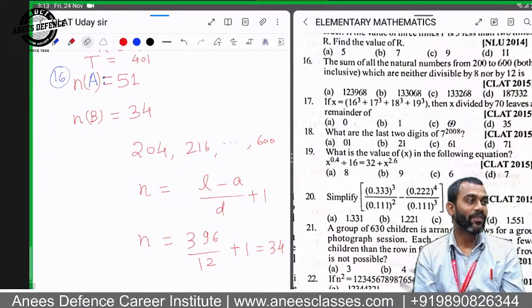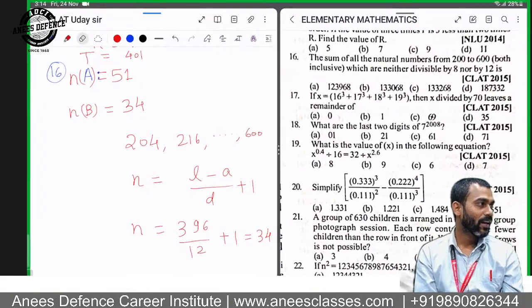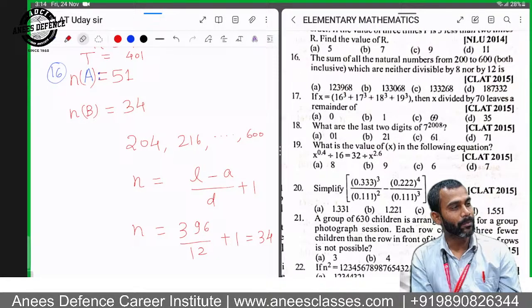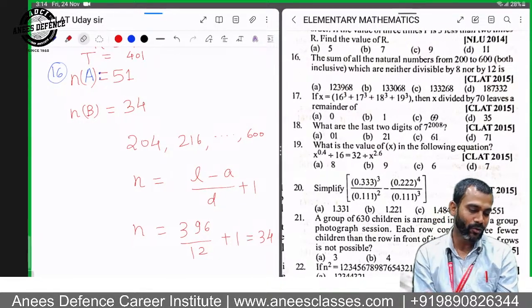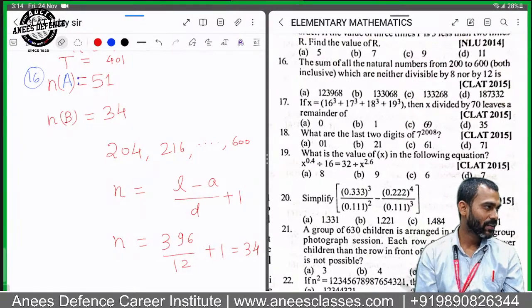Then we need to find n of A union B, and after that subtract it from the total in order to get the final answer. Understood?